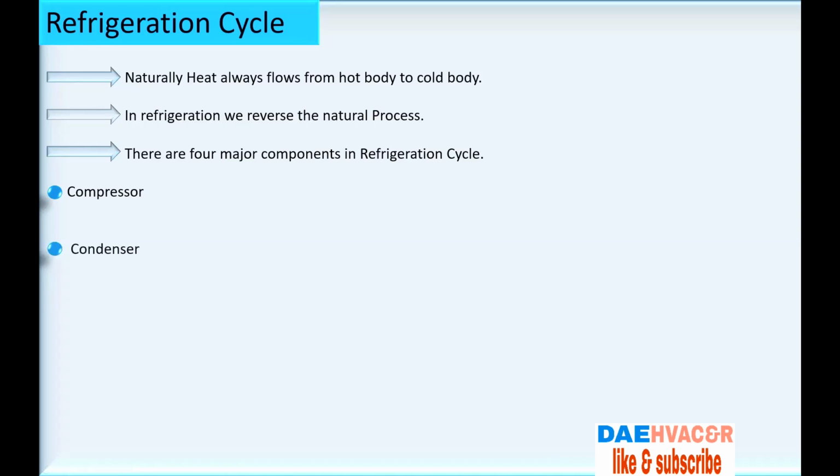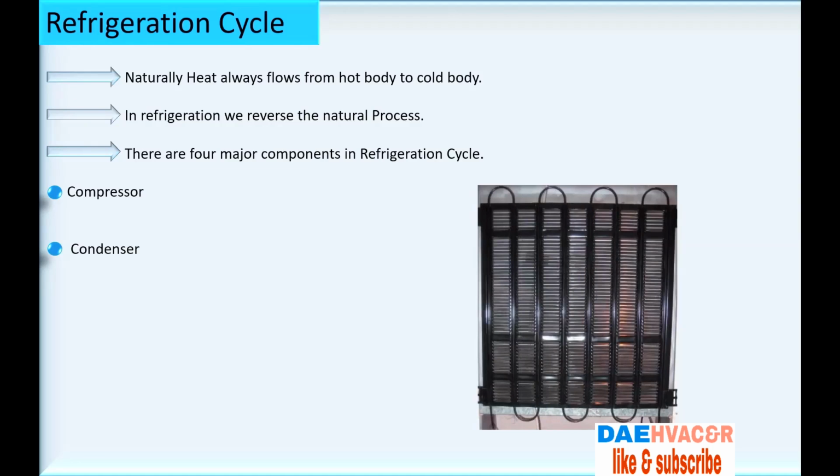The second component of the refrigeration cycle is the condenser. When the compressor converts refrigerant into high pressure, high temperature vapors, then the condenser removes heat from the vapors in order to cool it, or in order to change its state from high pressure vapors to high pressure liquid form.